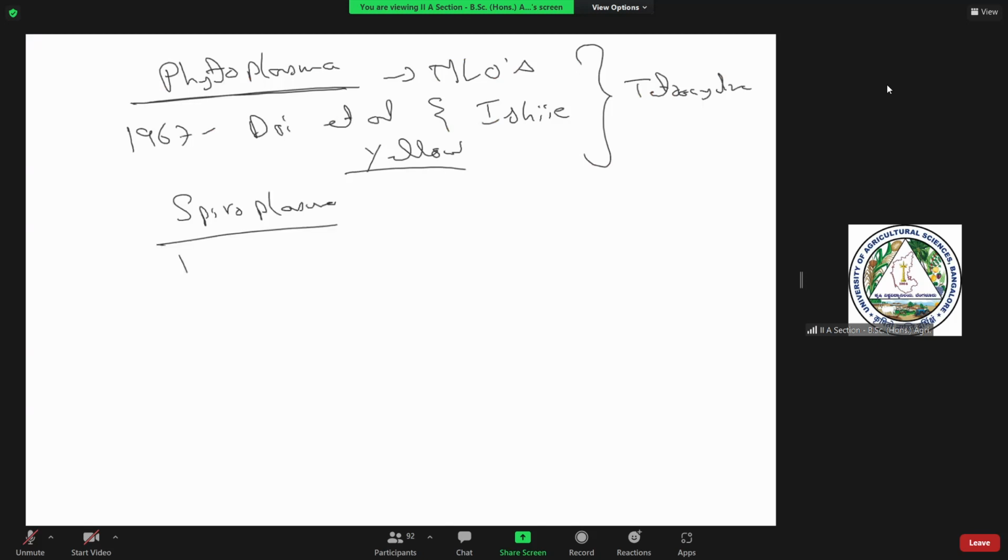It was first identified in 1972 by Davis and his co-workers, where they observed a helical, wall-less microorganism causing a disease called corn stunt disease. This was the first time that it had been observed.